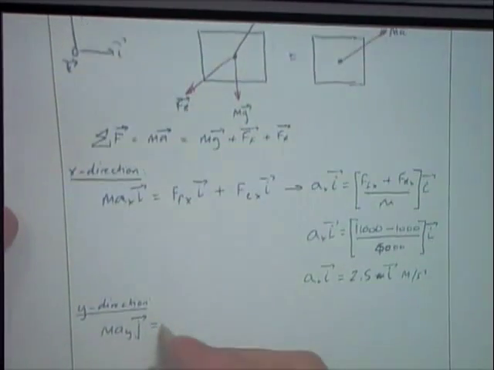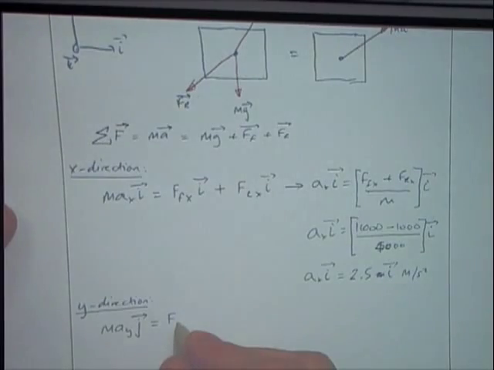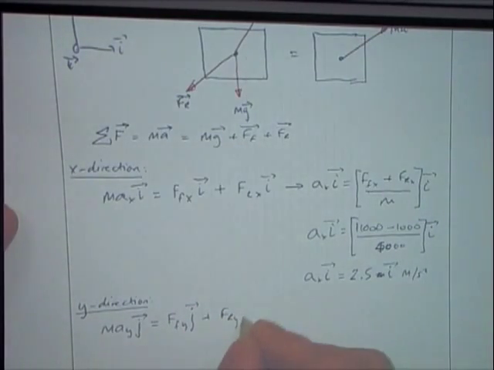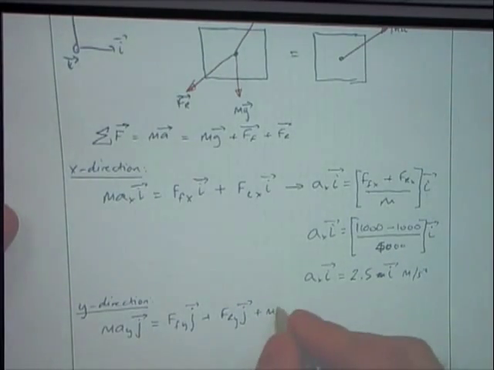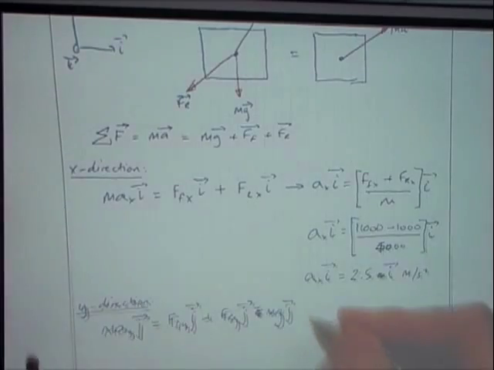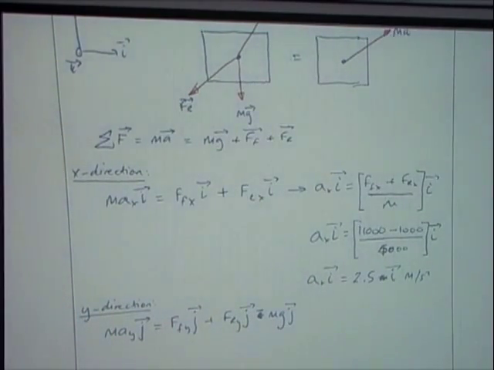So I do the same thing again. We have Fy times by j plus Fry times by j plus mg, okay? Yeah, that's going to be obviously minus times by j, because it's always downwards, okay?